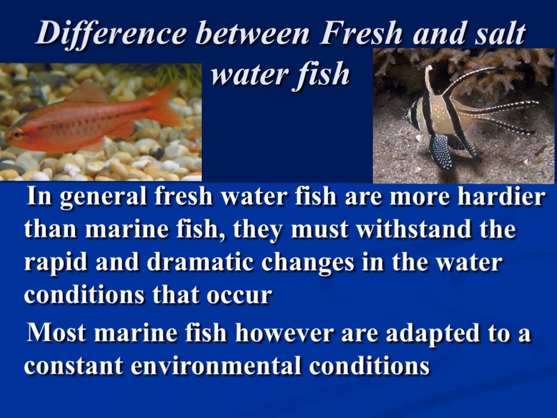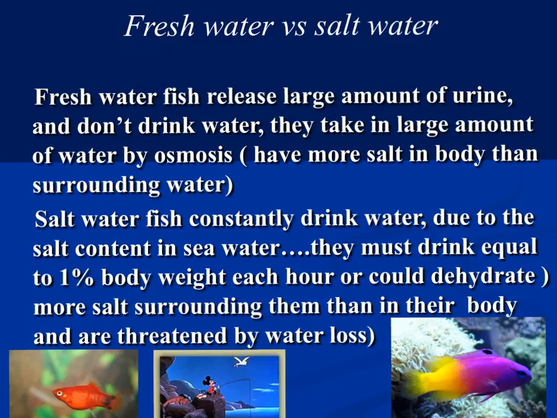So you have to have a very constant environment for saltwater fish. Freshwater fish are a lot more adaptable to the conditions. If you ever want to have an aquarium, it's always best to start and learn with your freshwater fish and then move up to your saltwater after you've had some experience.